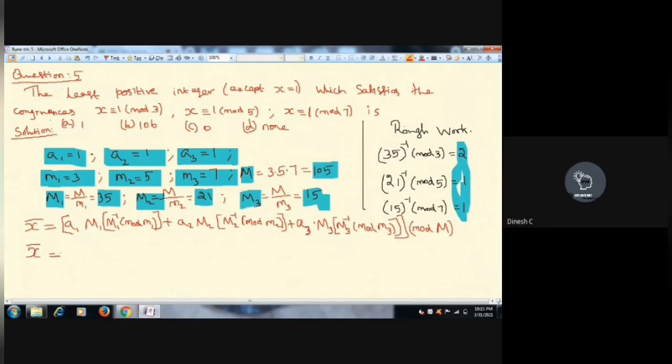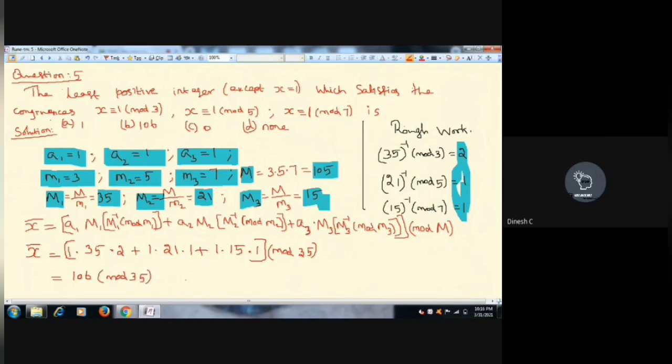That is x bar equal to 1 into 35 into 35 inverse value is 2 plus a2 value 1 into 21 into m2 inverse is 1 plus a3 value 1 into 15 into m3 inverse value is also 1, and capital M value is 105, mod 105. So we got the sum 106 mod 105.